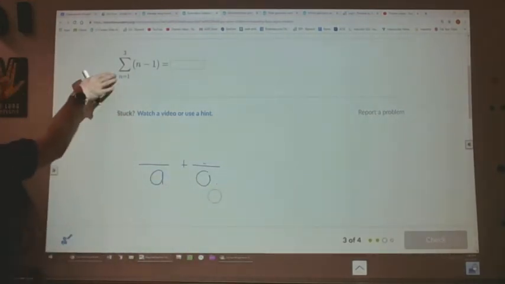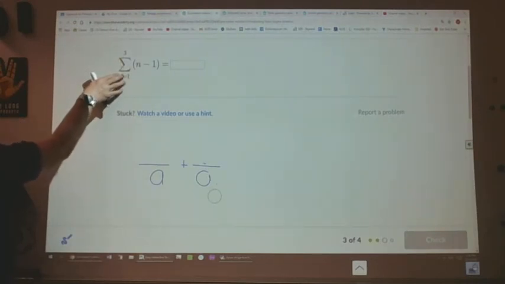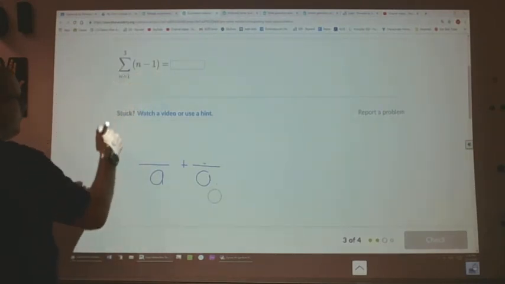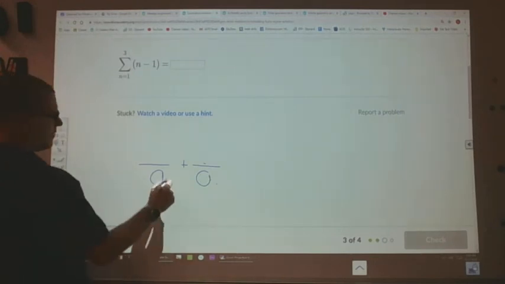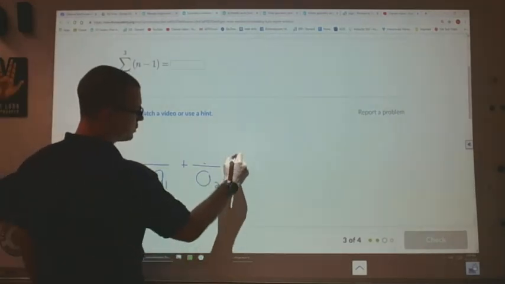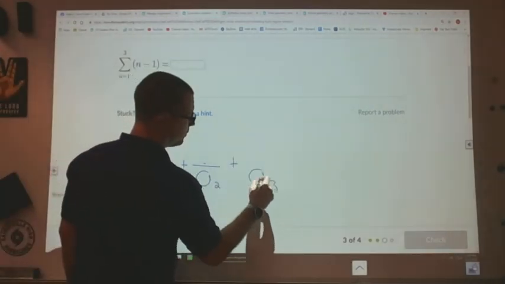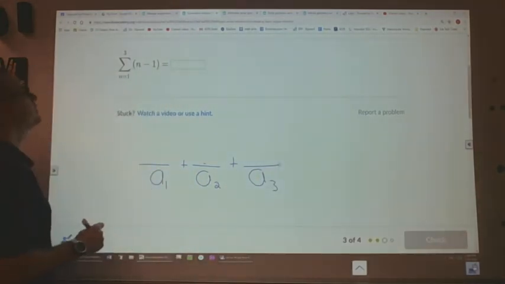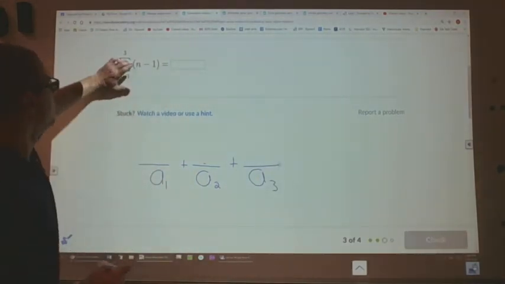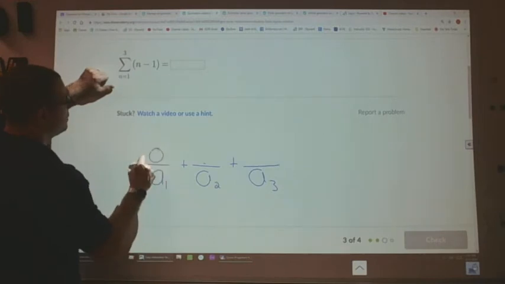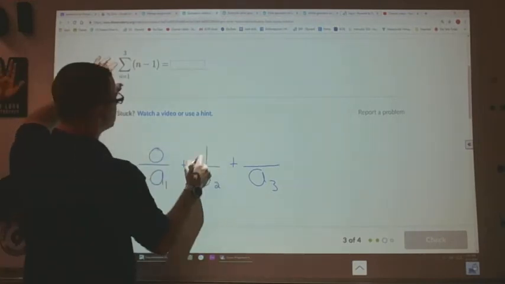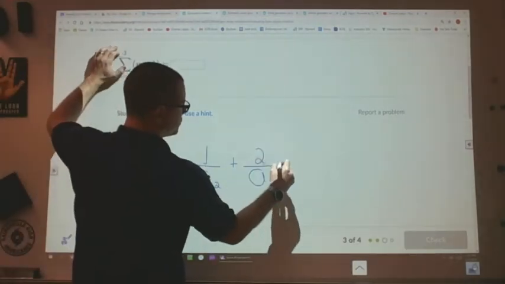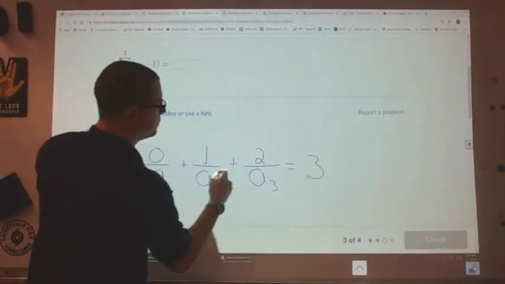In this case, we want the sum from 1 to 3, so term 1 to term 3 of n minus 1. So we'd have a sub 1, a sub 2, and then our terminal index would be 3, a sub 3. 1 minus 1 is 0, 2 minus 1 is 1, 3 minus 1 is 2, and my sum is equal to 3.